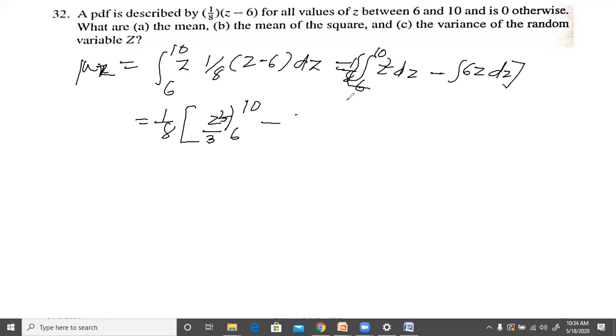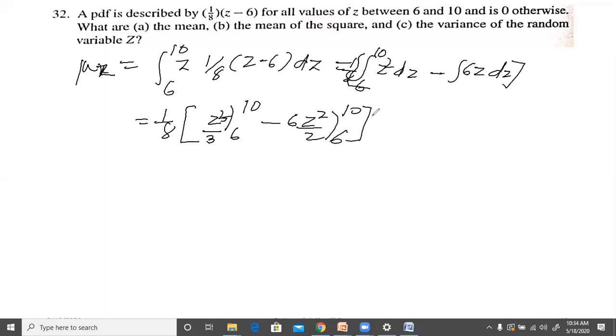The integral of 6z will be 6z square by 2. Limits are 6 and 10. So now I can try to find that.